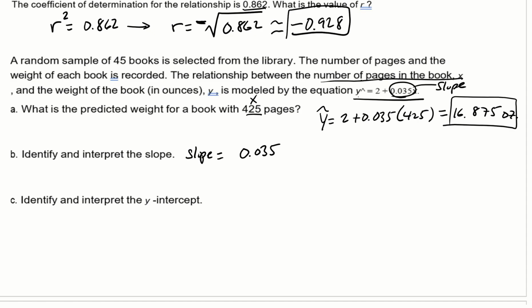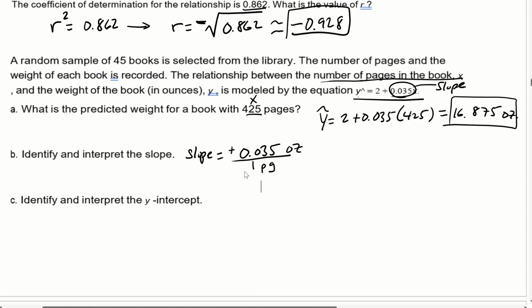The units of y are ounces, and this slope is positive. There's always an invisible 1 down here. The units of x are pages, right? So for every 1 additional page, the predicted weight increases by 0.035 ounces.